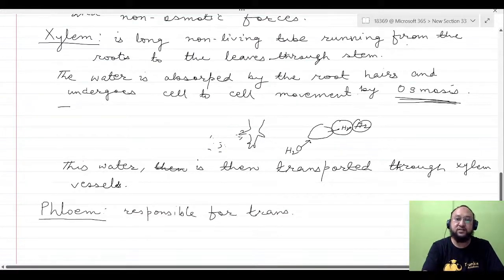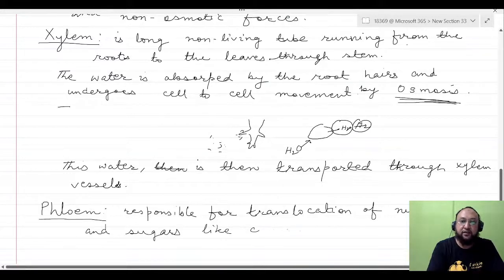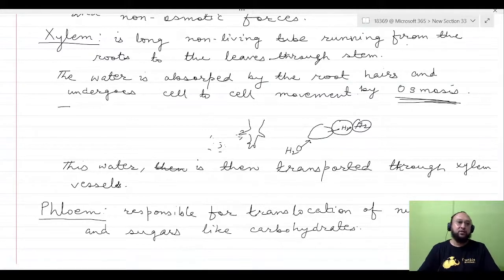Translocation of nutrients and sugars like carbohydrates, the manufactured food. Whatever is synthesized by photosynthesis is also transported by phloem tissue.